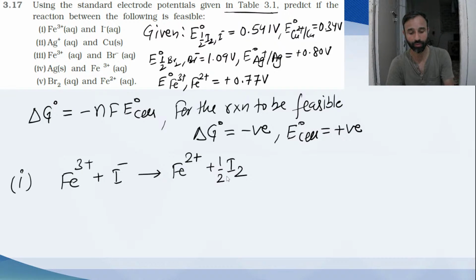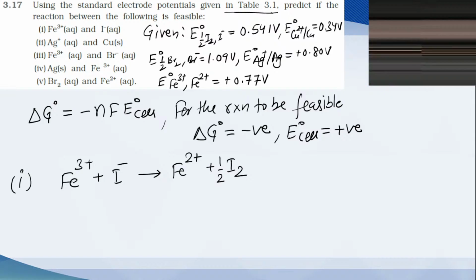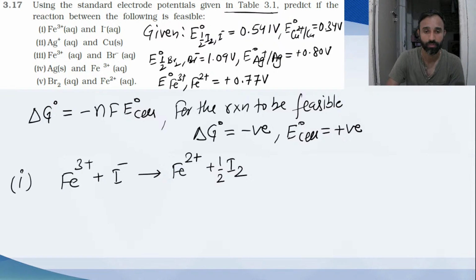So on the left, 3 plus minus 1, total plus 2, and on the right also plus 2. So what is E naught cell in this case? Just calculate E naught cell.